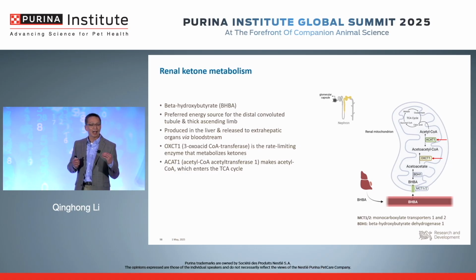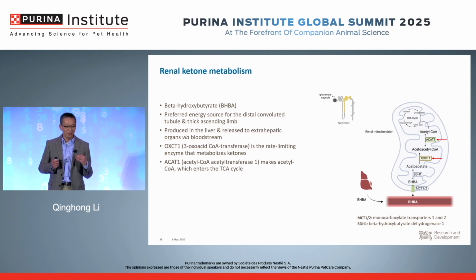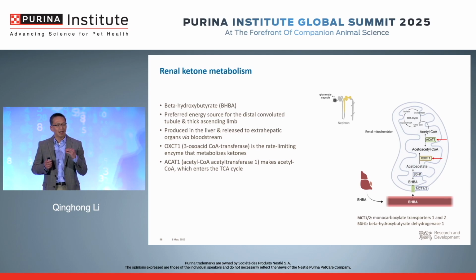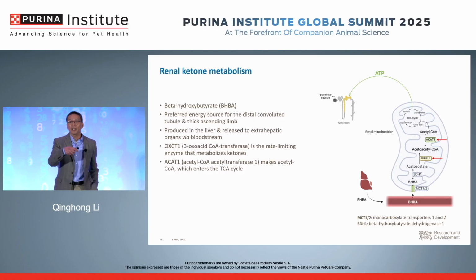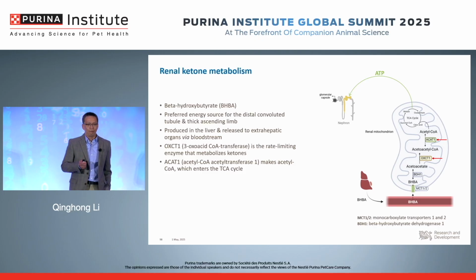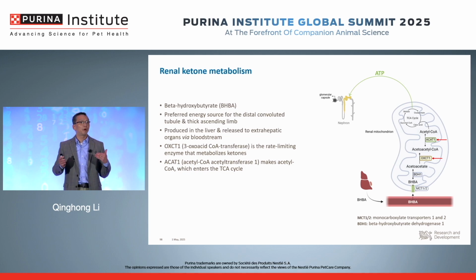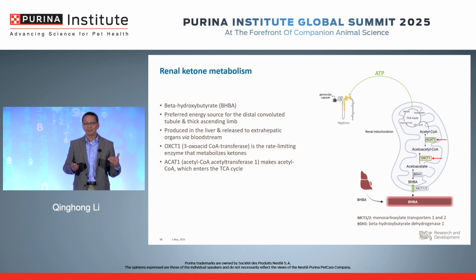Another one is ACAT1, which also has an odd name. This is the enzyme that catalyzes the last step of ketone oxidation. And also there is a ketone dehydrogenase, BDH1. These enzymes work together to make acetyl-CoA, which can enter the TCA cycle and produce ATP for the nephron.